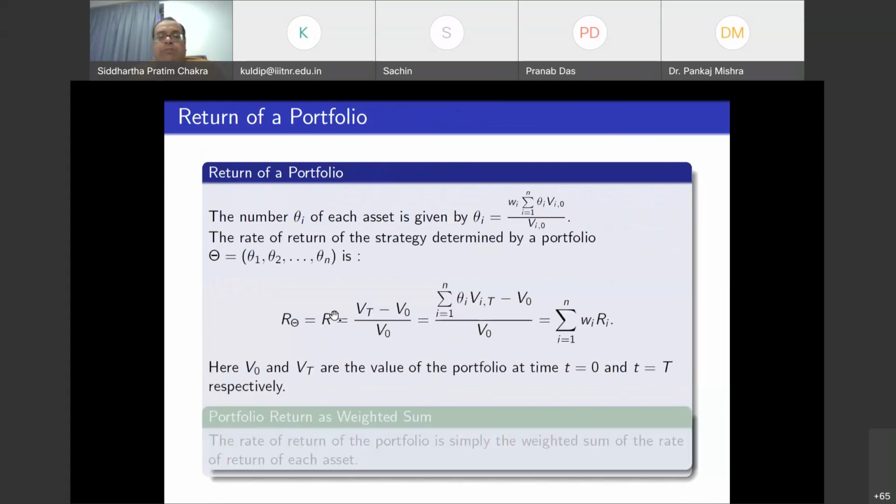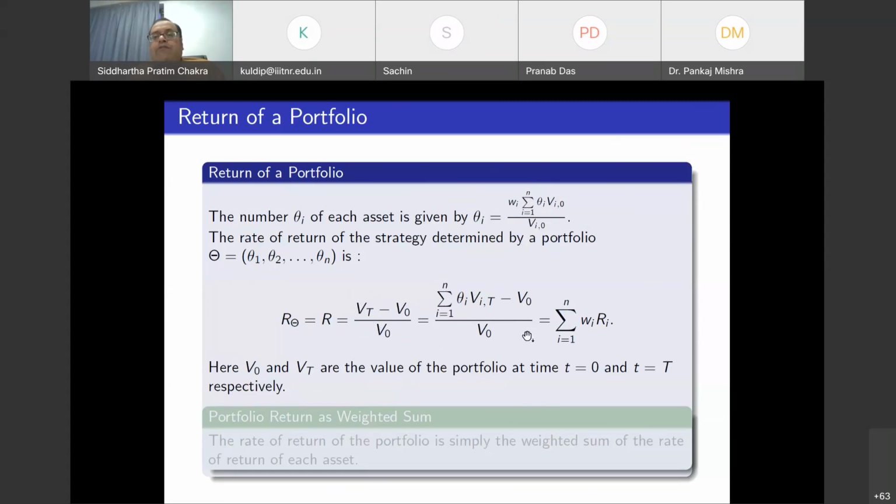Now, what is going to be the overall return of this portfolio? The overall return of the portfolio is simply going to be the value of the portfolio V of t minus V of 0 over V of 0. Remember that V of 0 is the initial amount that you invest in the portfolio, and V of t is the value of the portfolio at time capital T. Now V0 is nothing but the summation of theta i Vi0, because that is the amount of money that you have invested in the portfolio initially, and V of t is nothing but the summation of theta i Vi of t.